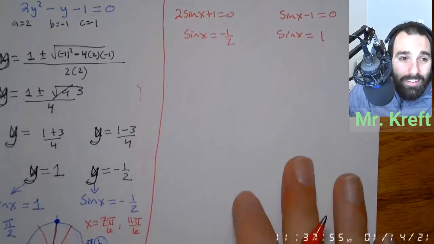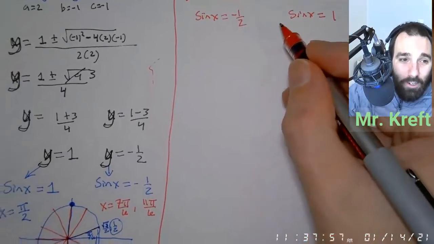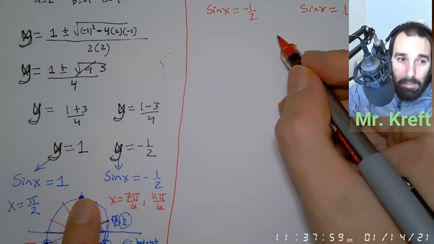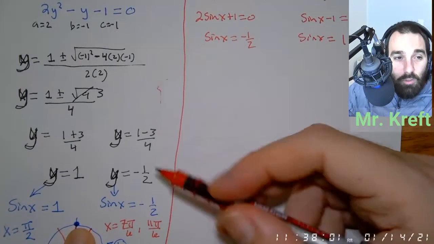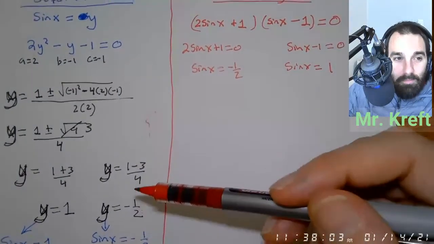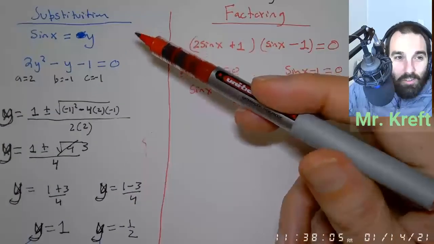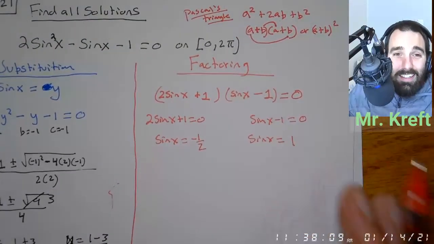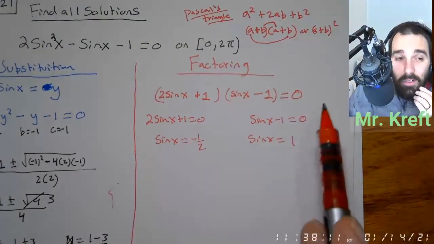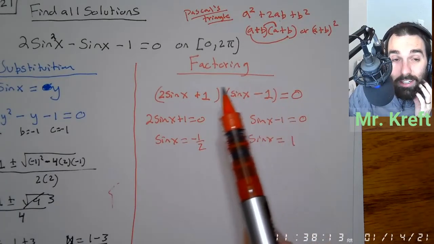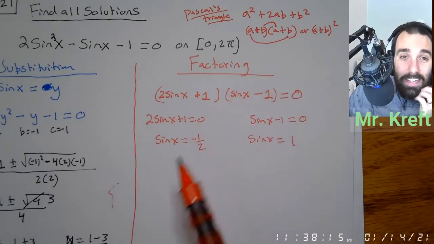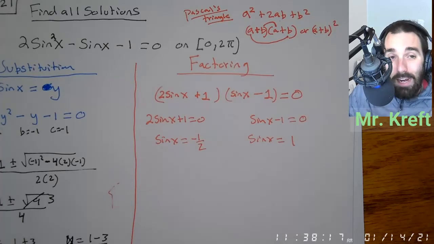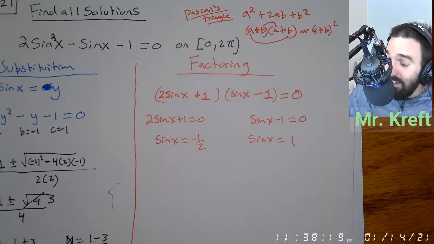Now, if this looks familiar, that's because all the way down here we got the same thing. Look how much we cut out. So factoring is superior. Now, it's only superior if you can get quick at doing this, and the only way to get quick at doing it is practice, practice, practice.